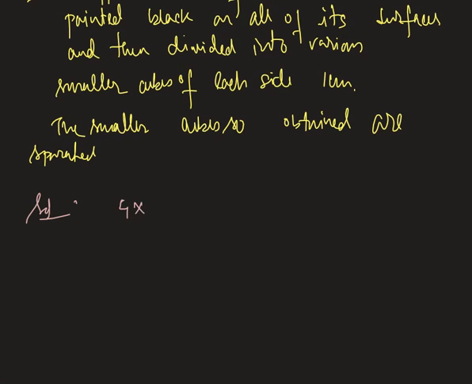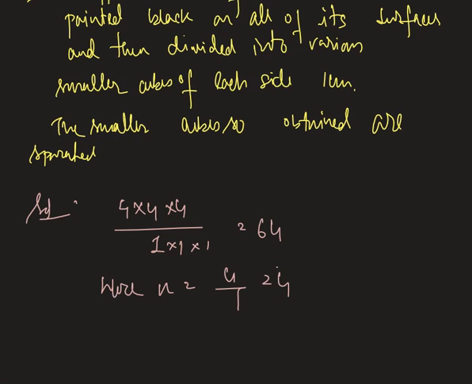That is 4 multiplied by 4 multiplied by 4 divided by 1 multiplied by 1 multiplied by 1, which is equal to 64. And here small n is equal to 4 divided by 1, the side of the bigger cube divided by the side of the smaller cube, which results in 4.